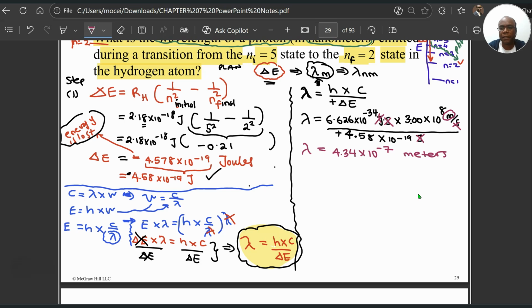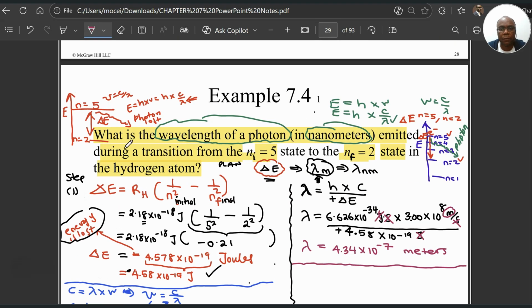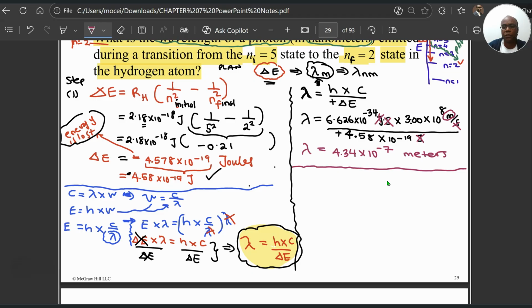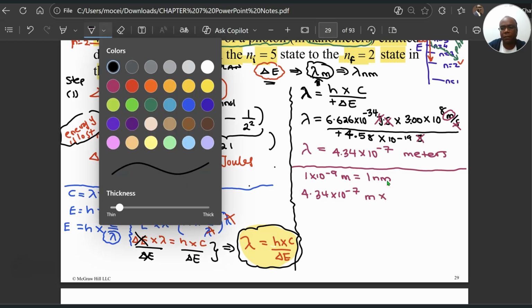However, we have to convert it to nanometers. Read the question: what is the wavelength of a photon in nanometers emitted during a transition of an electron from n equals 5 to n equals 2 in hydrogen atom? So I know that 1 times 10 to the power negative 9 meters is equivalent to 1 nanometer. So I'll take my 4.34 times 10 to the power minus 7 meters and multiply by my conversion factor.